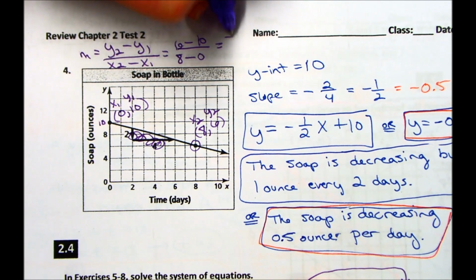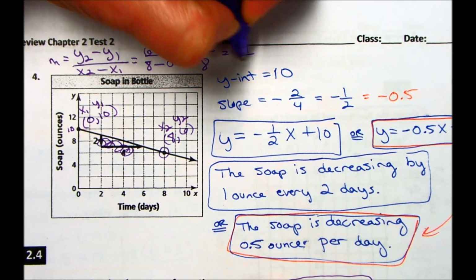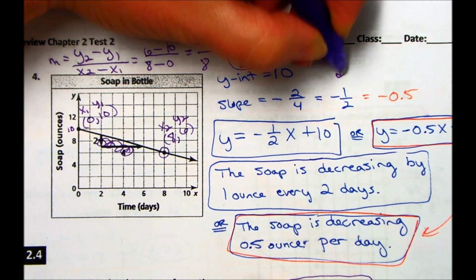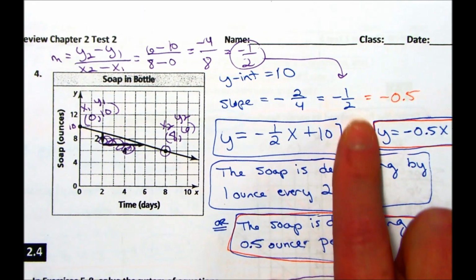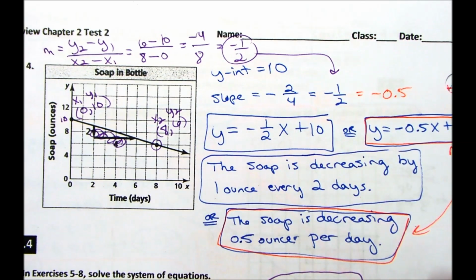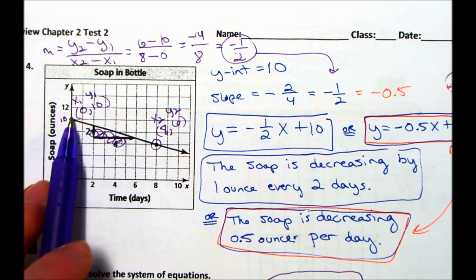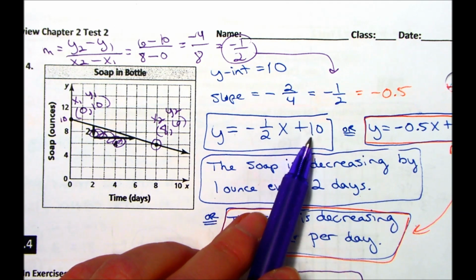When I subtract, I get negative 4 divided by 8, and if I reduce that, I get negative 1/2, which is exactly what I had there. So that gives me my slope. I could also change it to a decimal, since it's a nice terminating decimal, negative 0.5. And then my y-intercept is pretty easily found just by looking at the graph. So I can use that as my y-intercept.